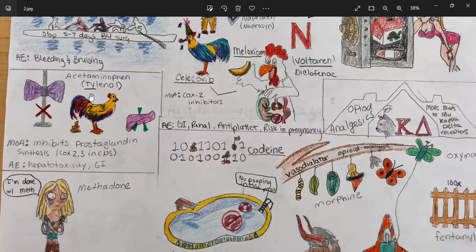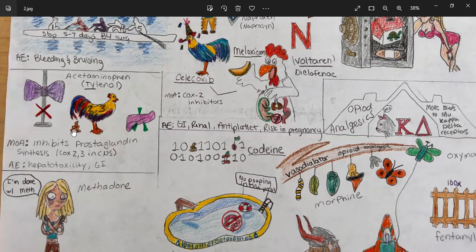Over here we have acetaminophen. To remember this, we have Tylenol. This is a bow tie, and it is on a stripper pole because it inhibits prostaglandins. Prostitutes dance on stripper poles.